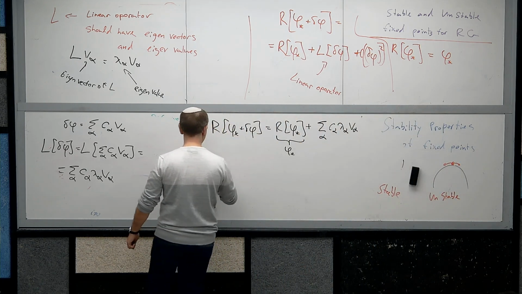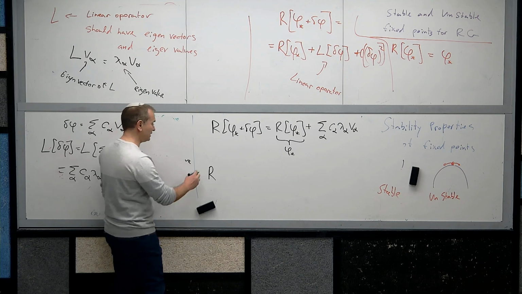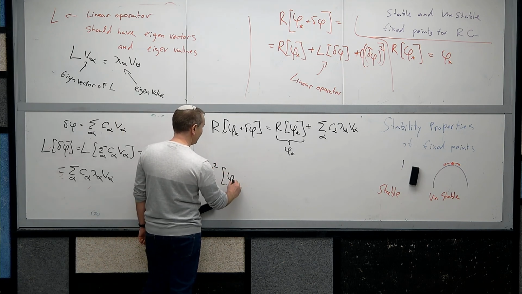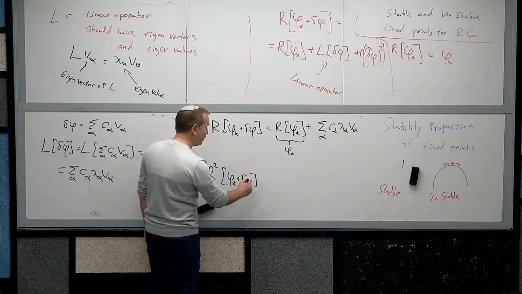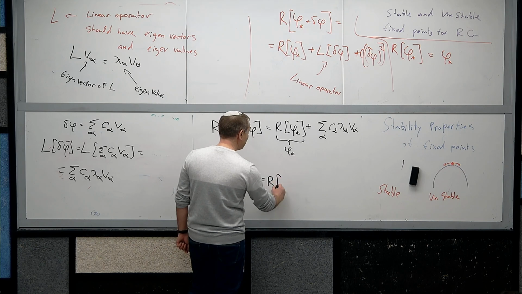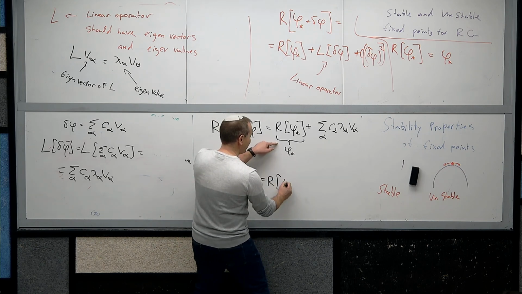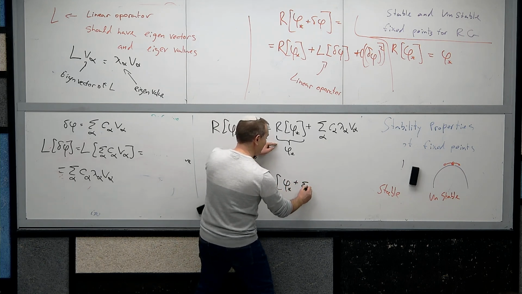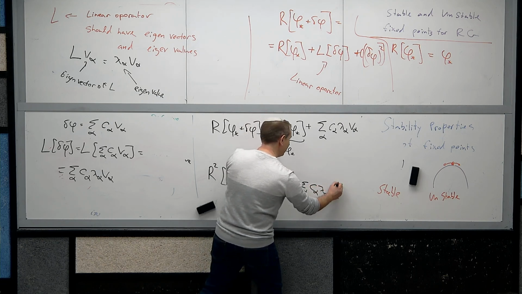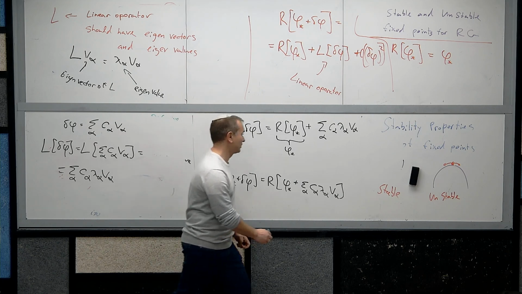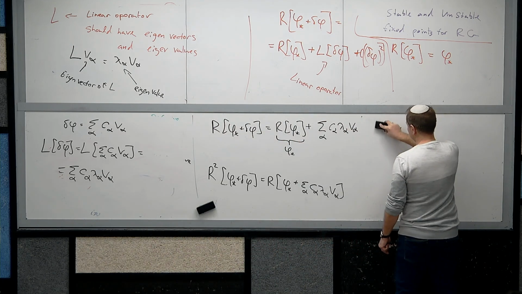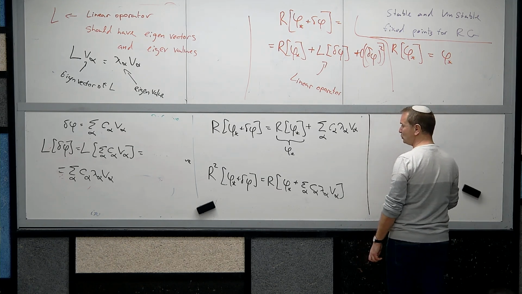What is R squared applied on phi star plus delta phi? So I'm doing two RG steps. What's happening now? It is R applied on whatever I've got over here, on phi star plus the summation of alpha, C alpha, lambda alpha, V alpha. I obtain the following.